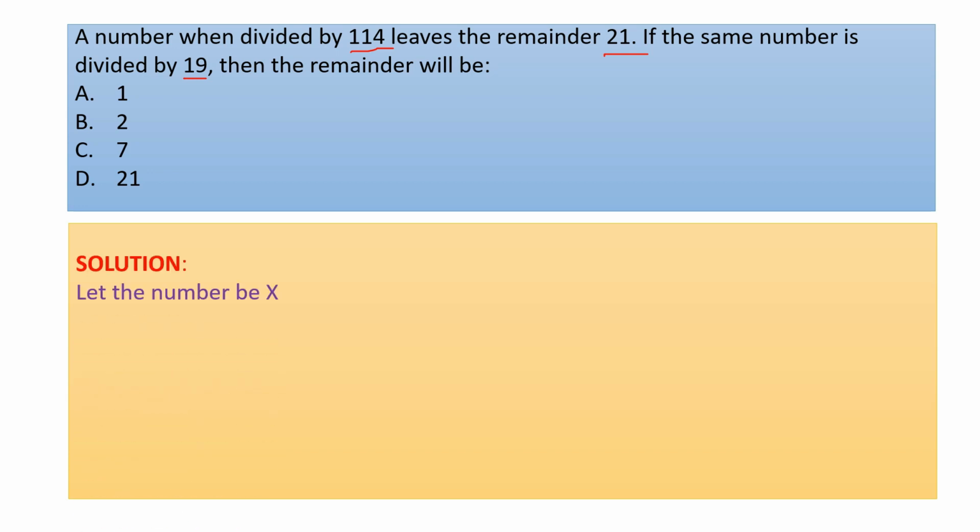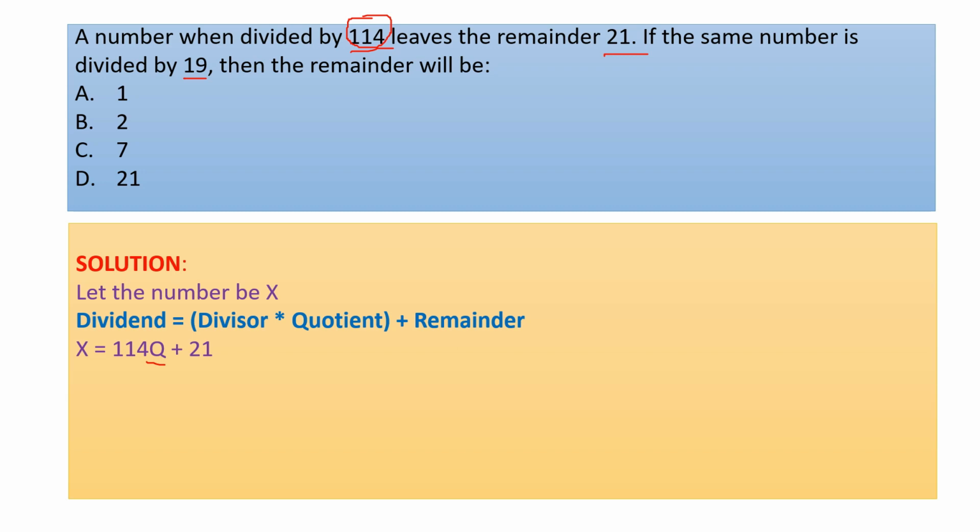Let's move on to the solution. I'm considering the number as x, which is the dividend. And we know the formula: dividend equals divisor into quotient plus remainder. From the first statement, the dividend is x, the divisor is 114, and they haven't given any information about the quotient, so I'm keeping q as it is, plus the remainder 21.